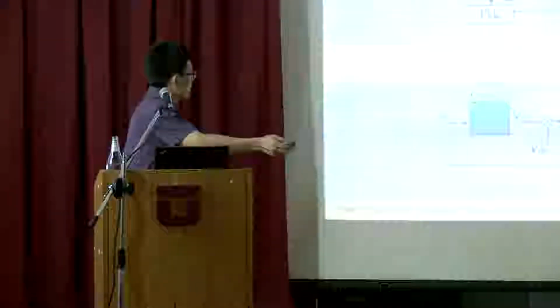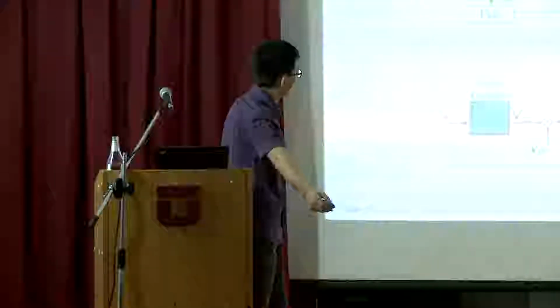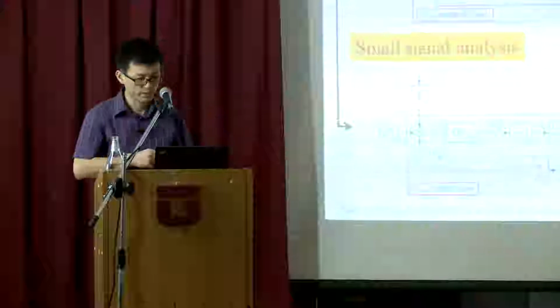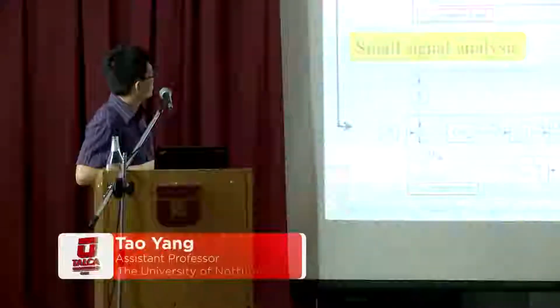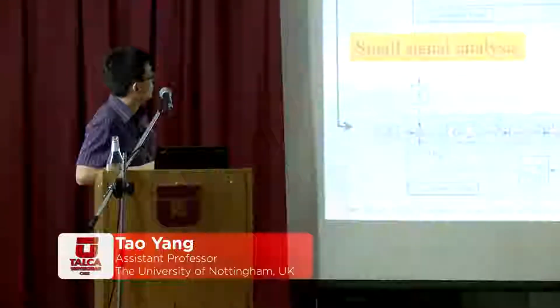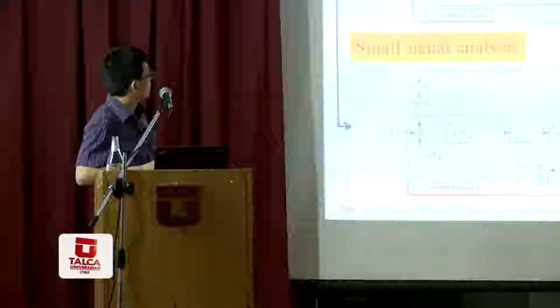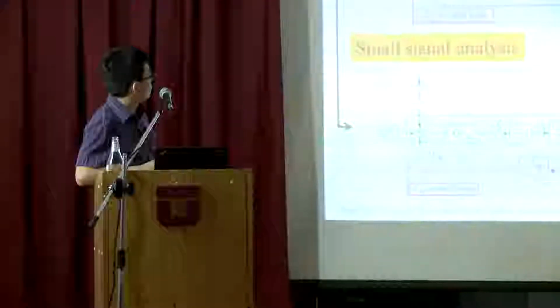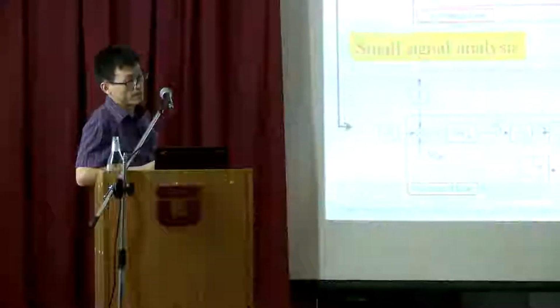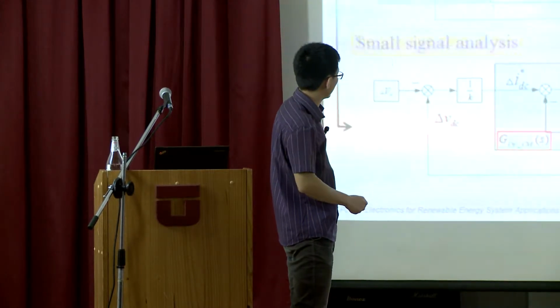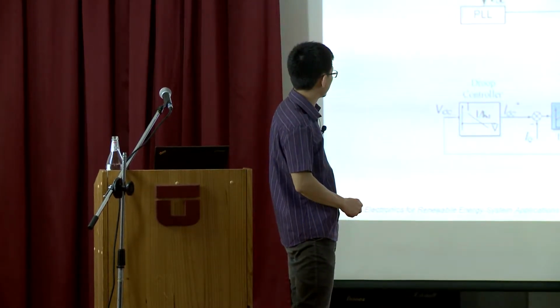Again, we do the control block diagram. So here we have, again, IQ reference to IQ. It's like a filter. And then from the VDC here you have a control block to give you IQ reference. This reflecting.